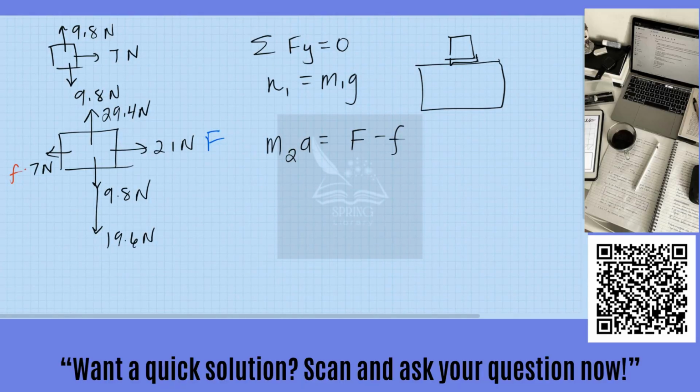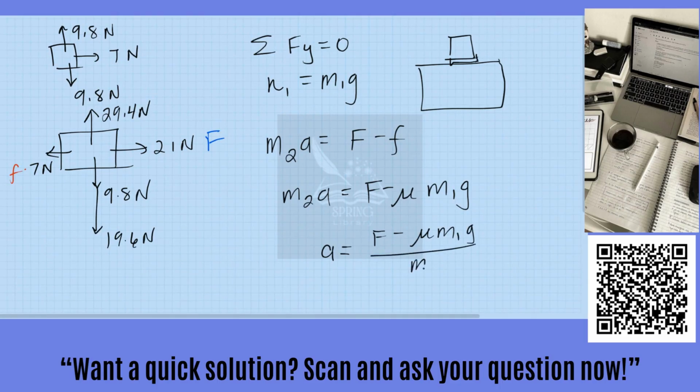Remember that friction is mu times the normal force, which is m1g, because the friction is being caused by the top box. So you get the acceleration is F minus mu m1g over m2.